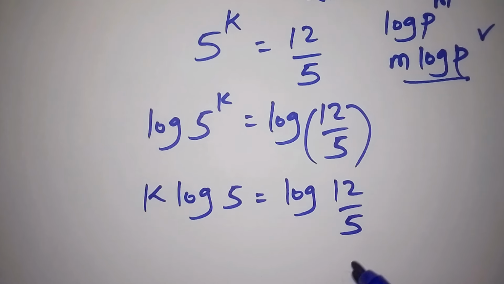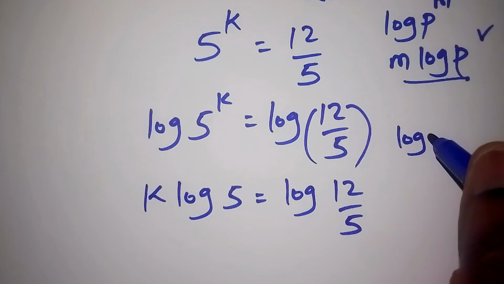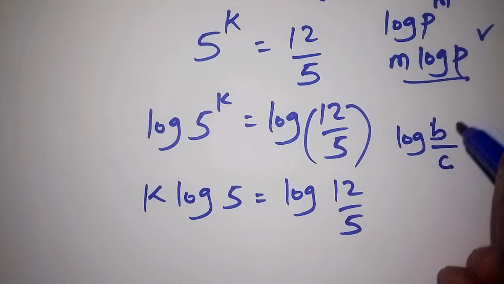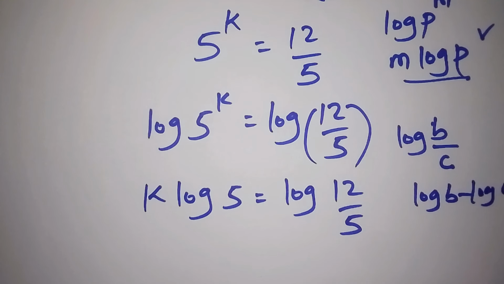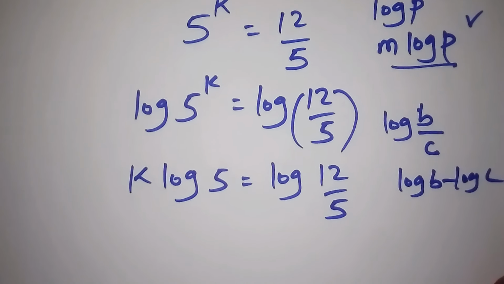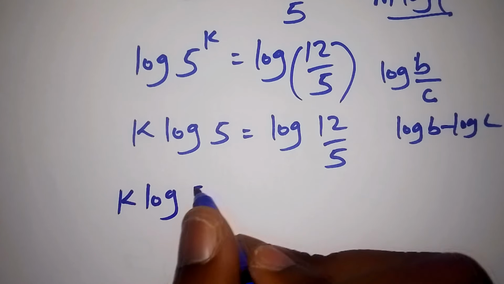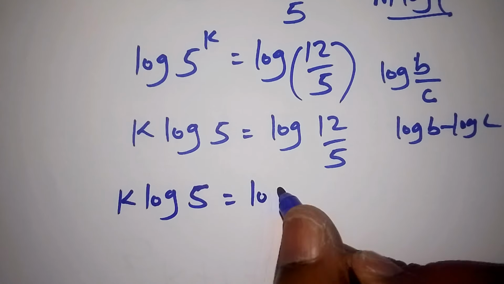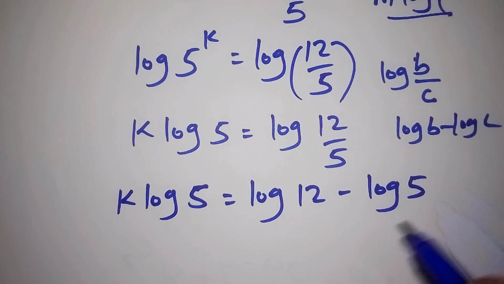From here, the log of 12 over 5, assuming that we have the log of b over c, this can also be written as the log of b minus the log of c. So in this case, k log 5 is equal to the log of 12 minus the log of 5.